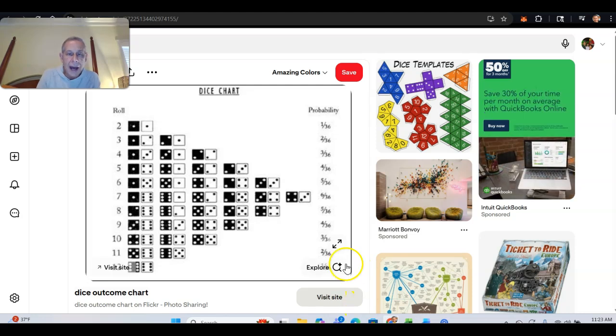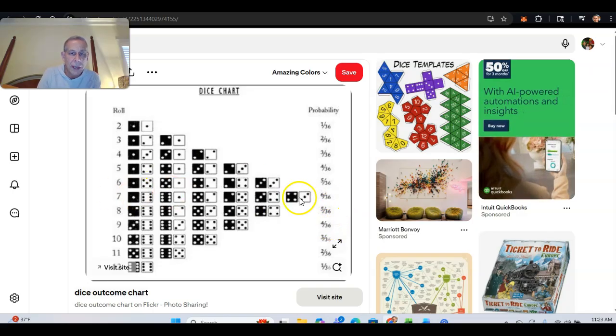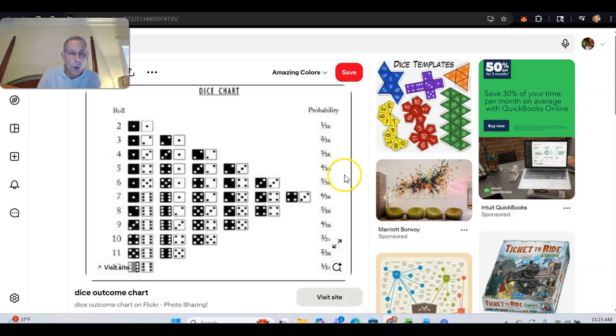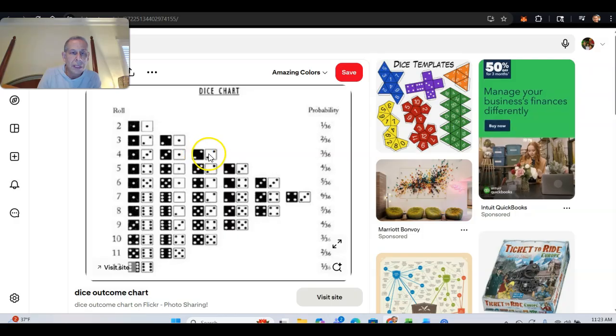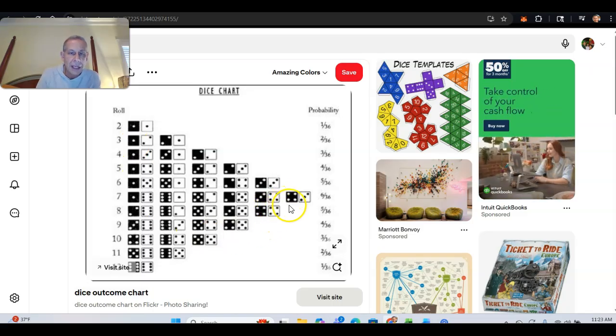And it's very obvious what number is being made by the most combinations, and that's the 7, right? There's 6 ways to make a 7. There's 5 ways to make a 6 and 8. There's 4 ways to make a 5 and 9, and then there's only 3 ways to make a 4 and 10. All right? This powerful math does not change.